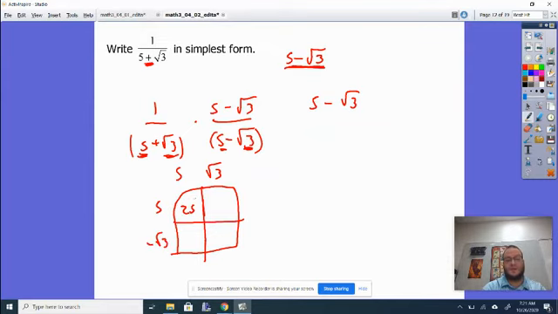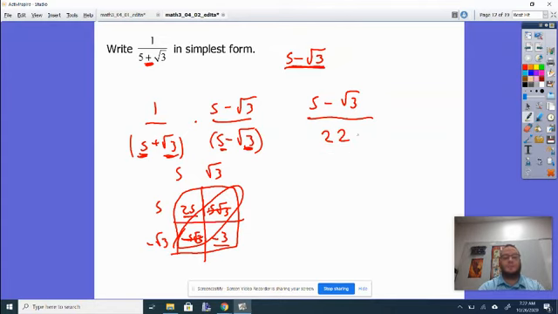This is going to be 25. This is going to be 5 square root of 3. This is going to be negative 5 square root of 3. And then I'm going to have negative 3. Okay, well, these ones will always cancel if you're using a conjugate. What's going to be left on the bottom is 25 minus 3, or 22.